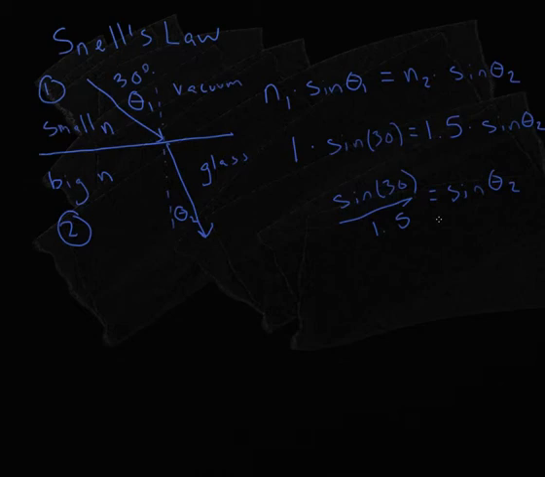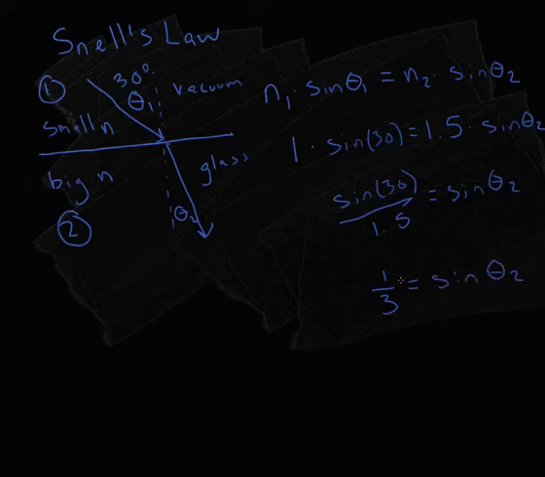Sine of 30 divided by 1.5. Alright, so for that I got this side simplifies out to be 1/3. And that's equal to the sine of theta 2.